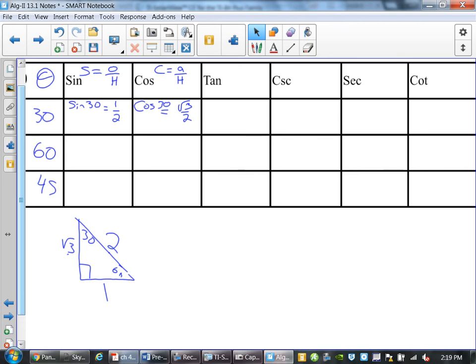Okay. What's your tangent? Opposite over adjacent. So your tangent is opposite over adjacent. So that would be 1 over root 3.